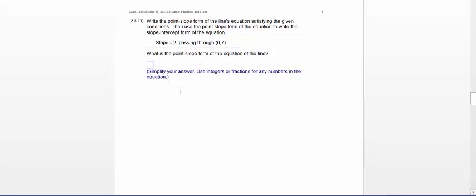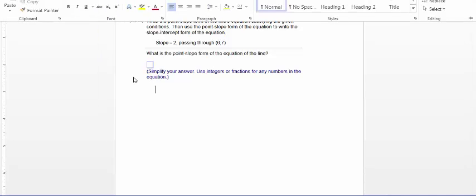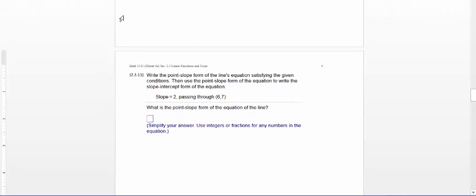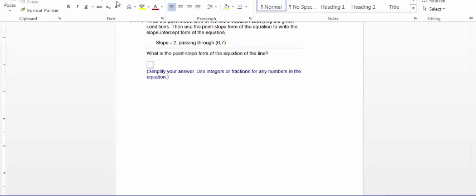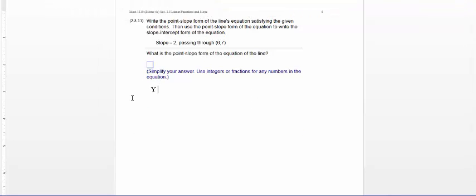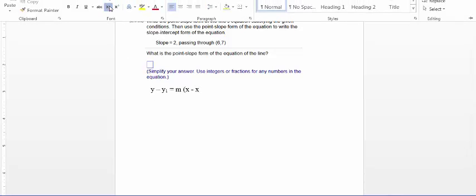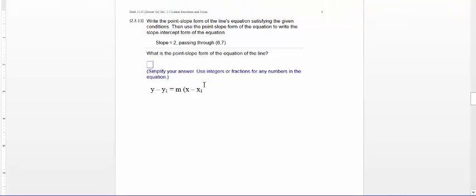We want to write the point-slope form of this line's equation. The slope of the line is 2, and it passes through the point 6, 7. So we want to first write the point-slope form: y minus y1 equals m times x minus x1.